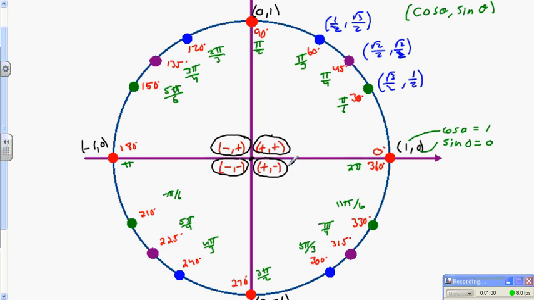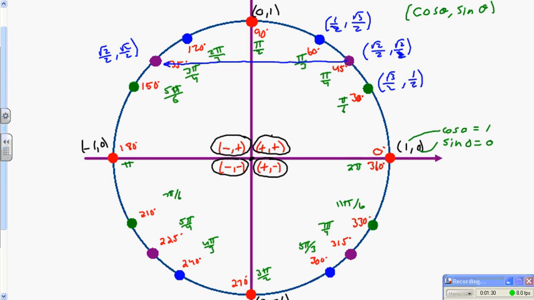Well, they are reflective. Now, if we just go to the 45-degree ones, since that's what we started with before, they're both the same. So if we reflect that over the y-axis, that's going to have the same values. Root 2 over 2, root 2 over 2.